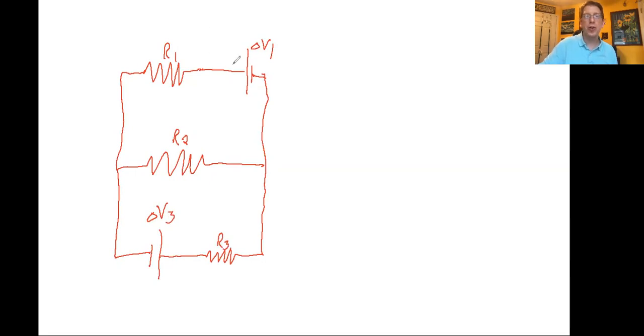So let's draw current arrows. And when in doubt, draw the current as coming out of the power source. So if you've got an EMF source, you can set the current arrow like that. So that's I1 coming out of the positive terminal. And we can do the same thing at the bottom. So that's I3.